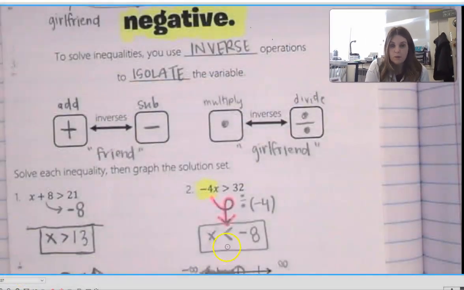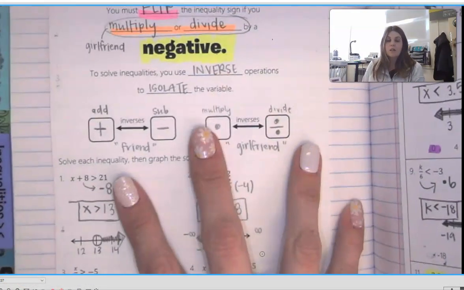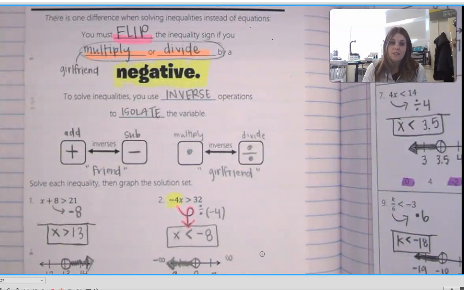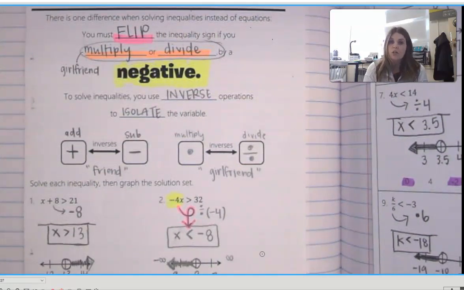And then I'm actually just going to minimize my screen and go right to the notebook. And the reason why is because solving an inequality is basically exactly the same as solving an equation. You can actually just pretend like you're solving an equation.